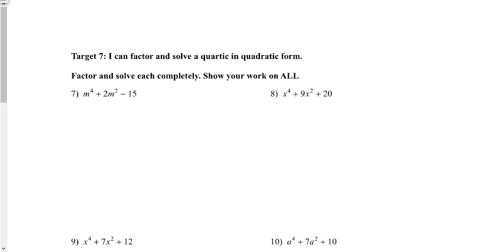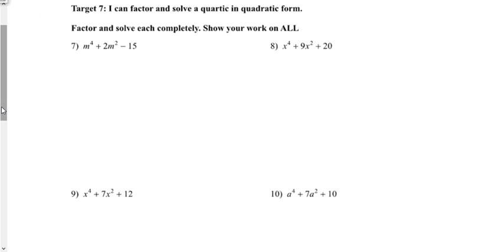Let's look at the back of that homework. Target 7. I can factor and solve a quartic in quadratic form. So I think there's just 4 of these. My A value here is 1, which is really nice. So I can basically say what times what will give me negative 15, what plus what will give me 2.